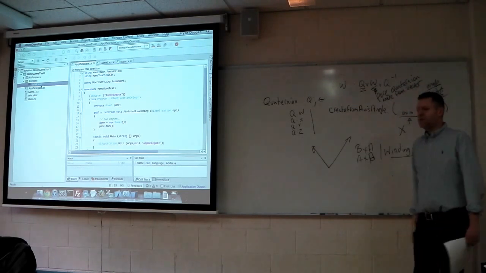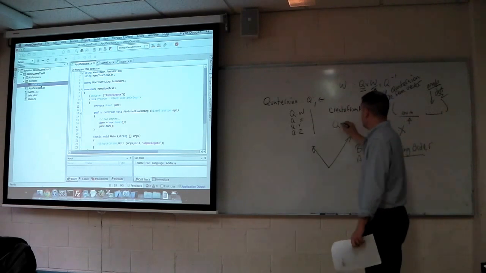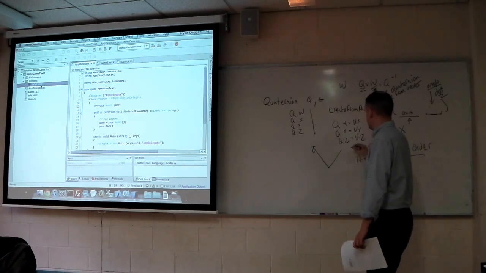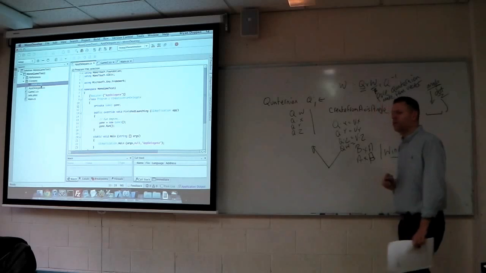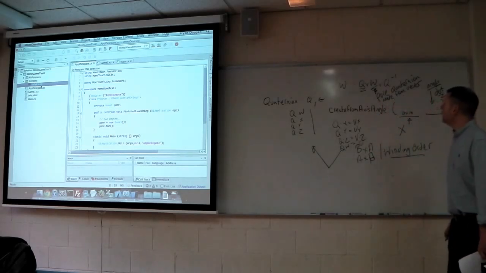So how do we make the pure quaternion from the vector? Can anybody remember? The x, y, and z of the quaternion comes from the x, y, and z of the vector. So q dot x equals the vector x, q dot y equals the vector y, q dot z equals the vector z, and then q dot w equals 0. So you set the w component equal to 0. You multiply them out like that.